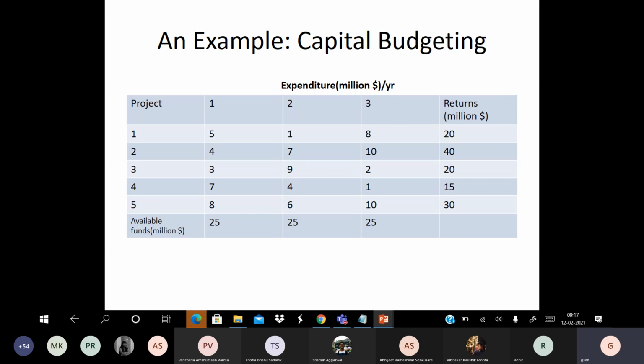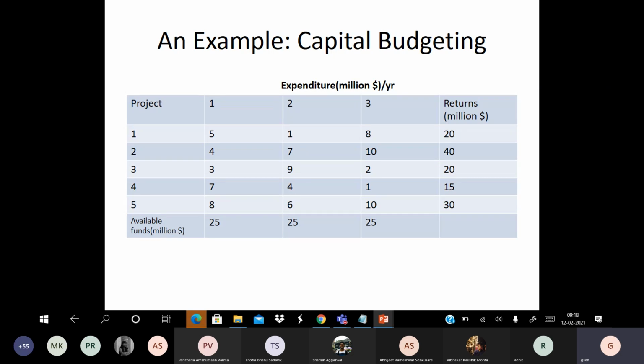Now, this capital budgeting problem is a very common problem faced in many companies and industries. Suppose they have conceived 5 projects, and their estimated costs or expenditures are given in $1 million per year.